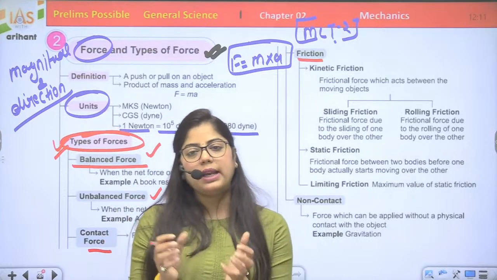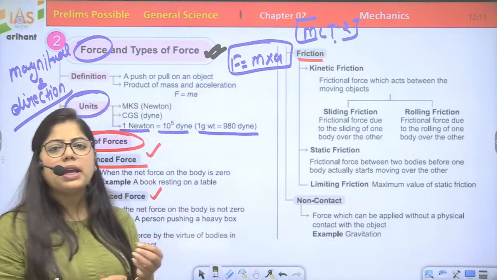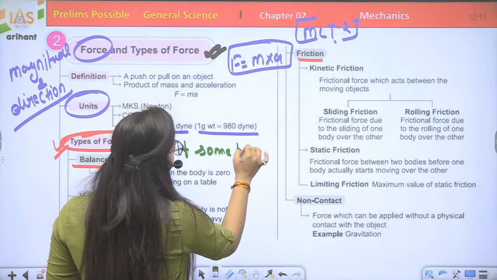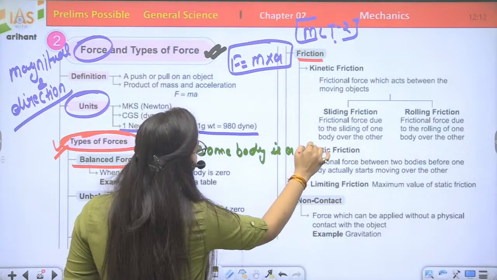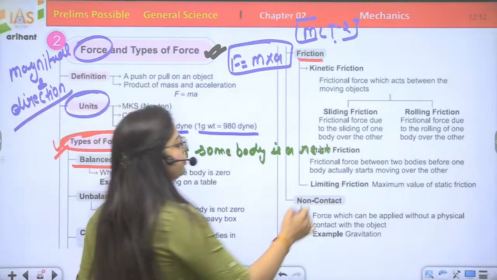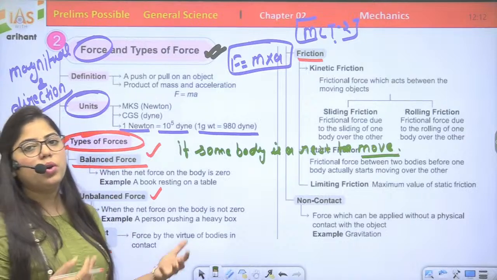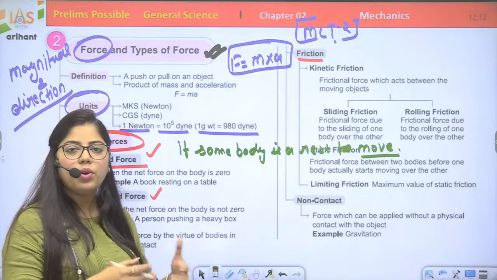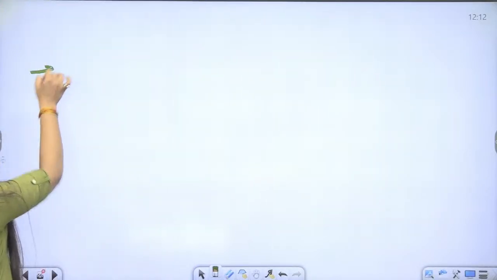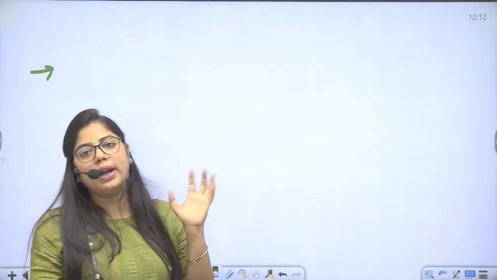Like force can make a body at rest move. When we apply an external force to a body which is at rest, it is going to move, right? Okay, write some points.